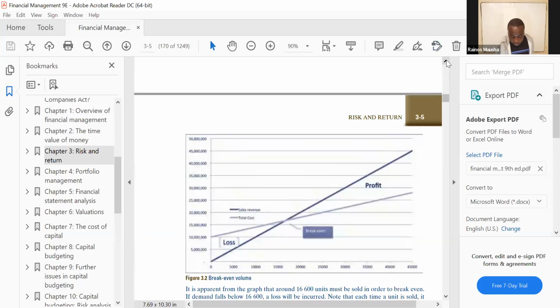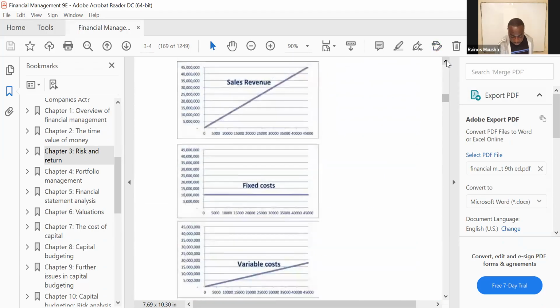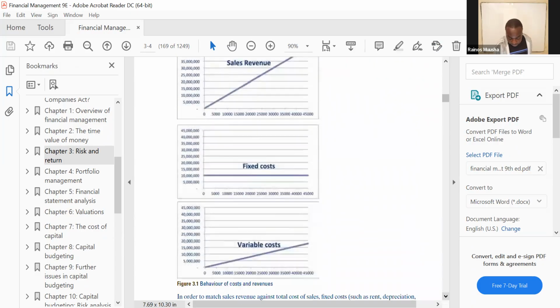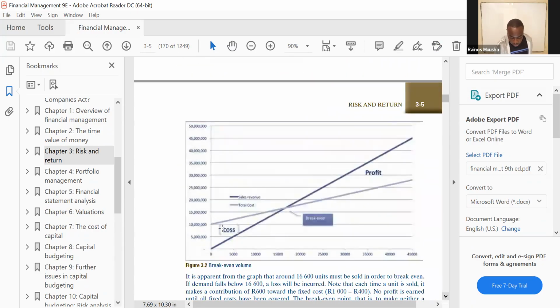If you check on our information that is given, they tell us that your fixed costs are 10 million per year, right? So if your fixed costs are 10 million per year, it basically means that the graph of your total cost starts increasing here, because your total cost takes into account your fixed cost and your variable cost.